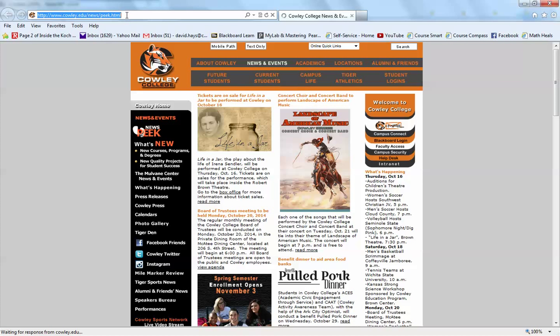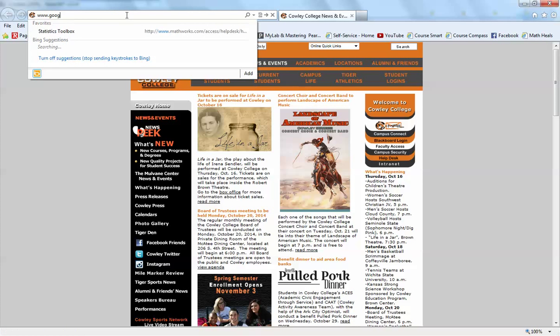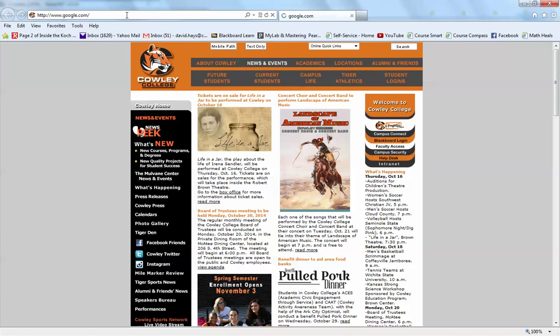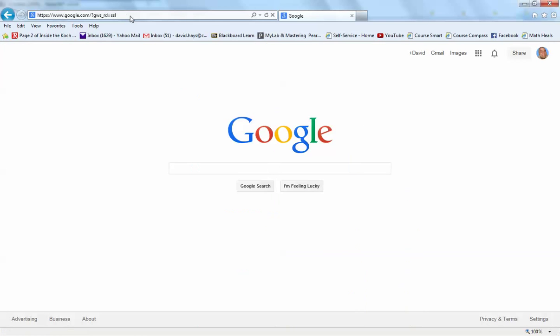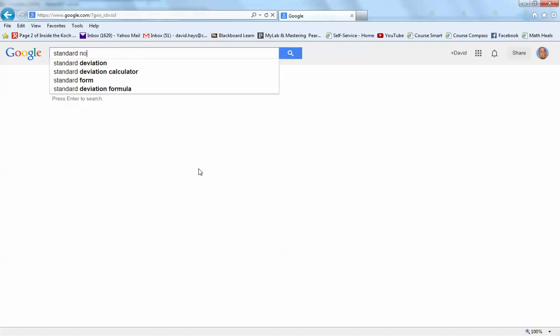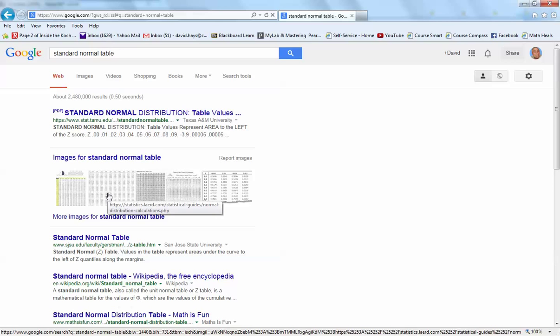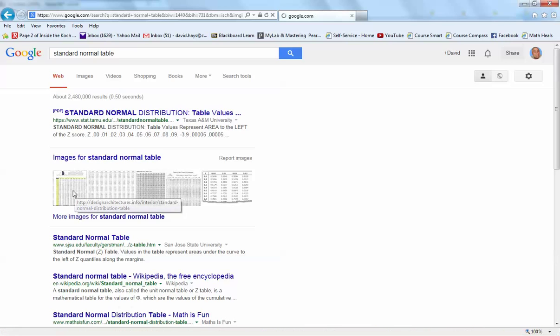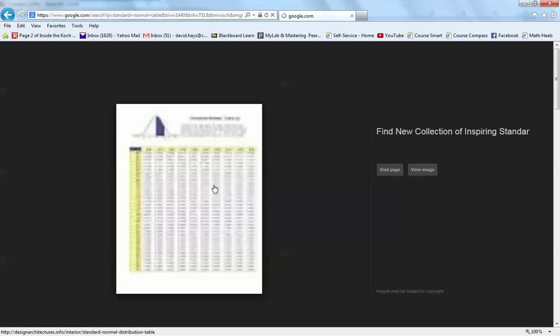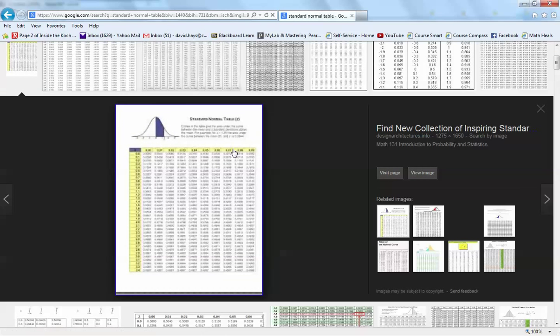Go to Google, and let's see, standard normal table. I guess it doesn't matter which one to choose, though it would be nice to have one I can read.